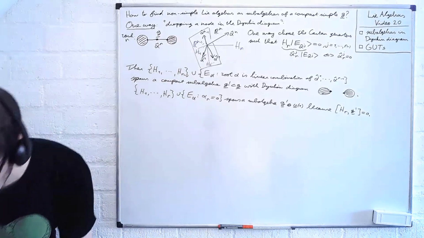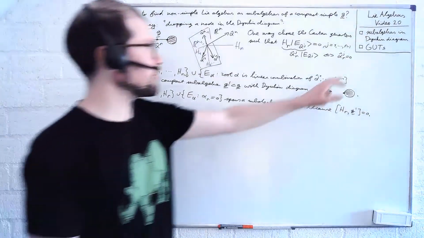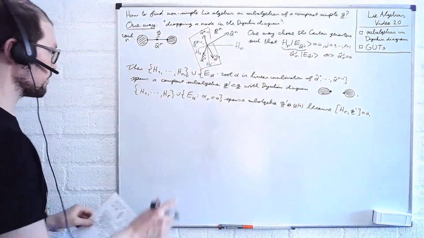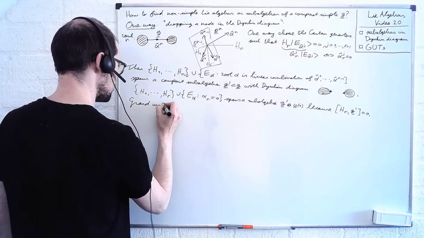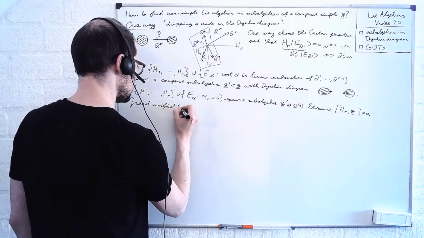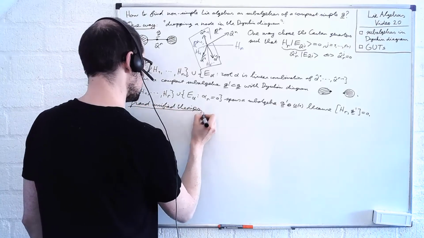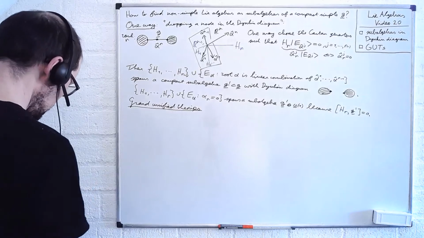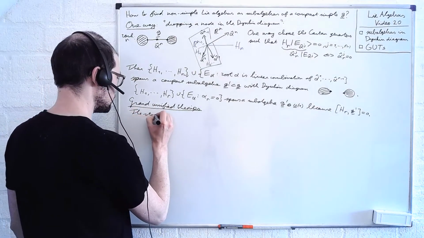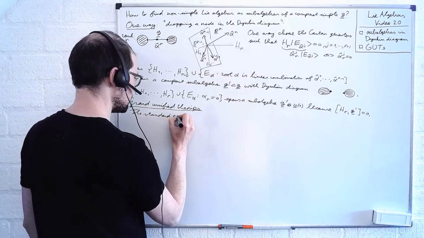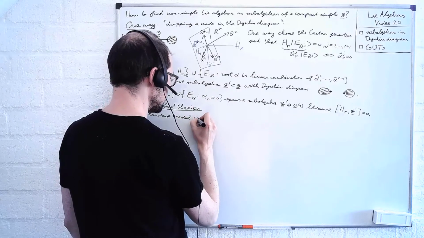So how is this relevant in the light of grand unified theories? So let's move there. So remember that the standard model of particle physics is a gauge theory.